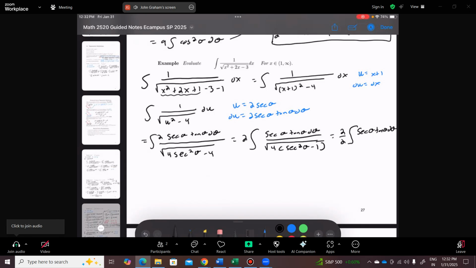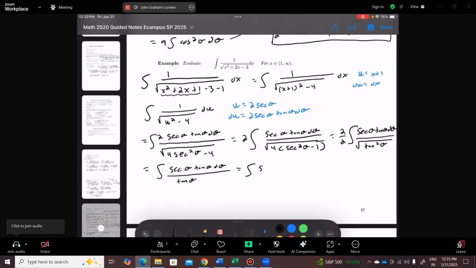Then the numerator, and then your bottom is square root of secant squared theta minus 1. And that is just your tangent squared theta. So 2's cancel. Secant theta tangent theta d theta over tangent theta. You can see things cancel here.